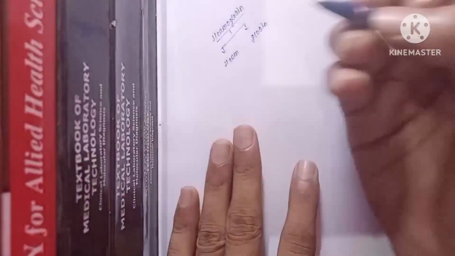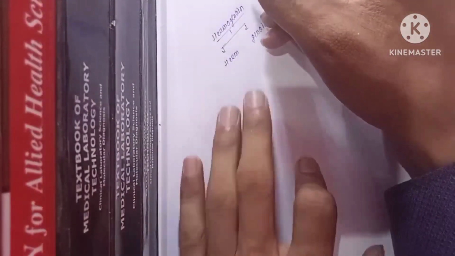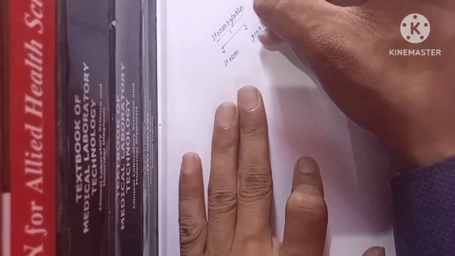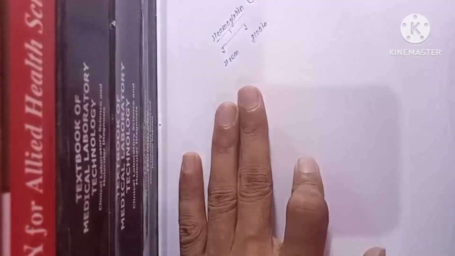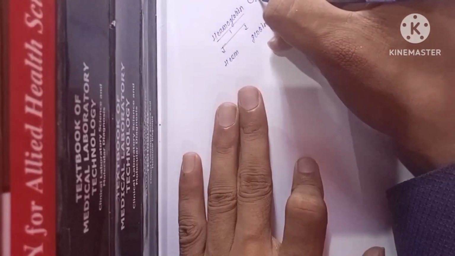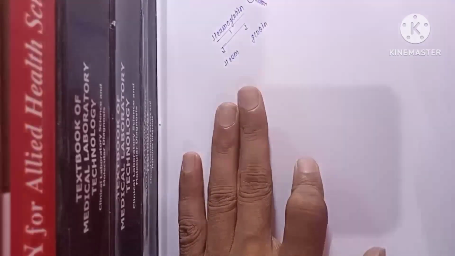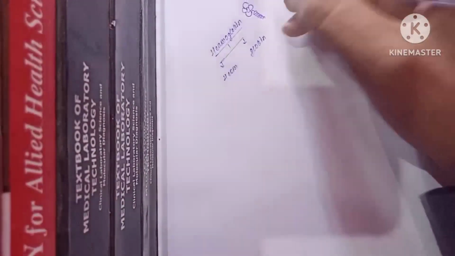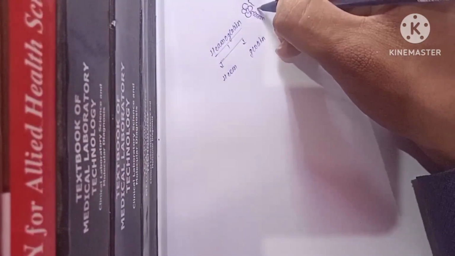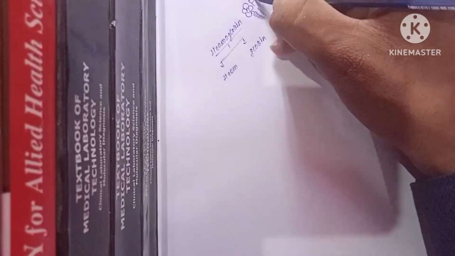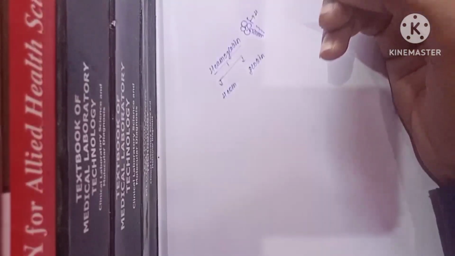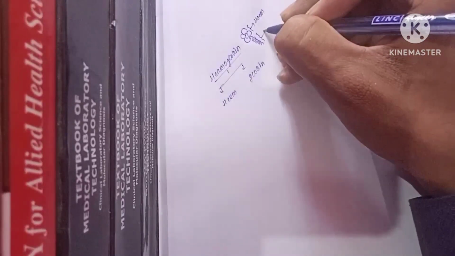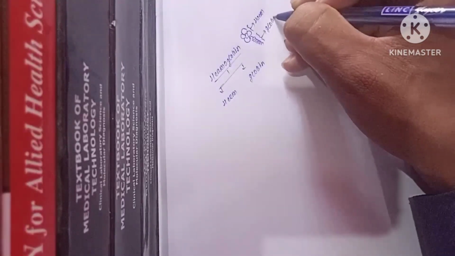Let's draw hemoglobin in a very simple form, like a flower form. This is a heme and this is a globin chain, you see? So this is a heme and this is a globin.